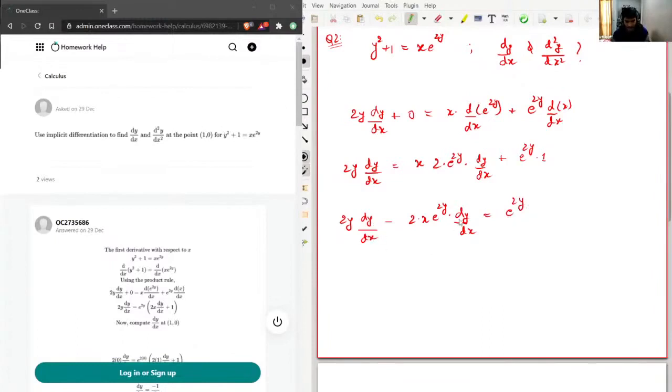Now I'll take dy by dx common, so this is 2y minus 2x e power 2y, and this will be e power 2y. Now I'll divide both the sides with 2y minus 2x e power 2y.